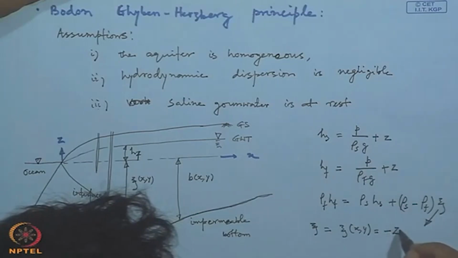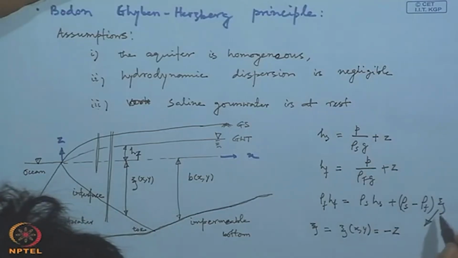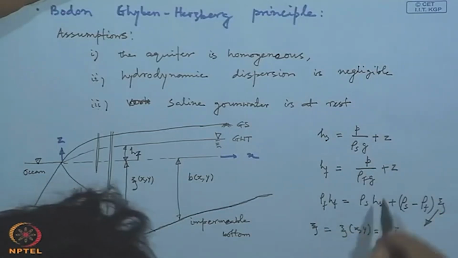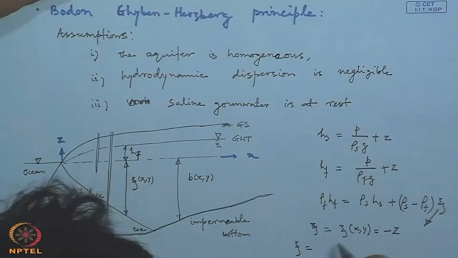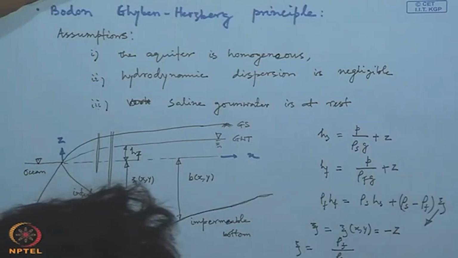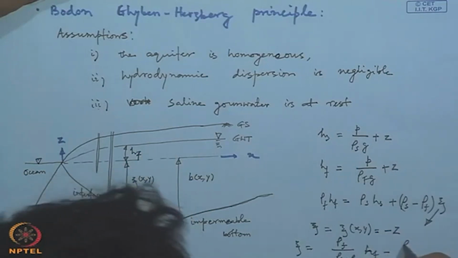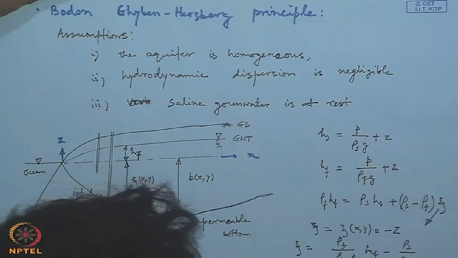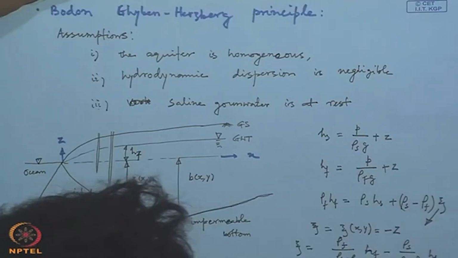So, we have replaced this minus z with this thing. Now, if we equate these equations, then we will finally get h_s equals rho_f by rho_s minus rho_f into h_f.